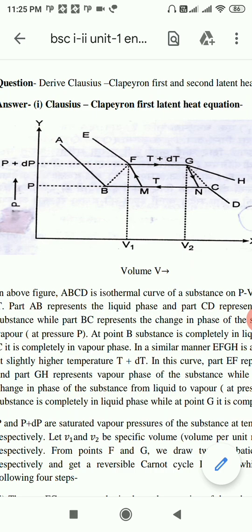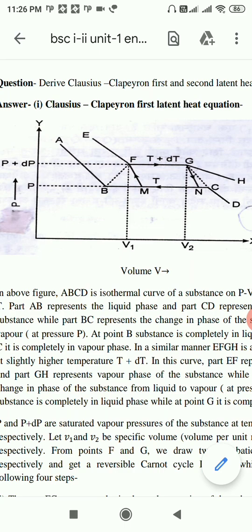So from point B to point C, the substance changes its state from liquid state to gaseous state. So this horizontal straight line BC represents the change of state of material. This occurs at constant pressure P, which is known as saturated vapor pressure.